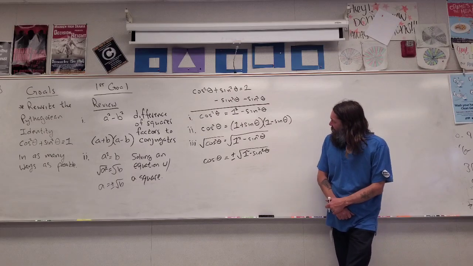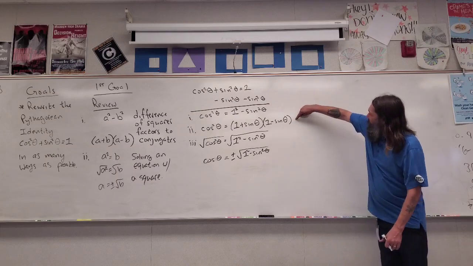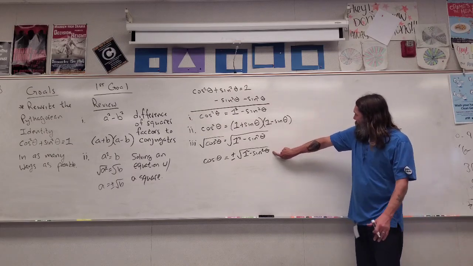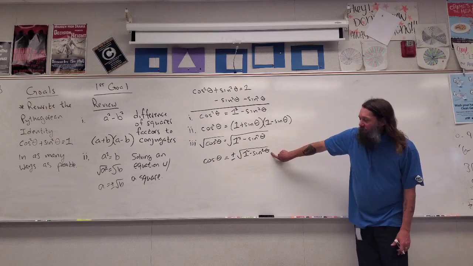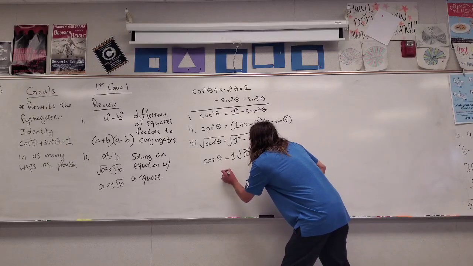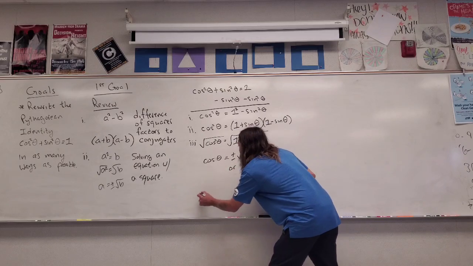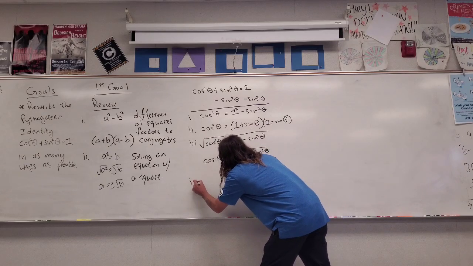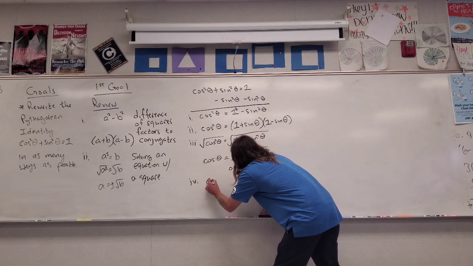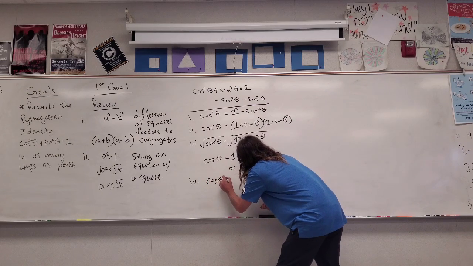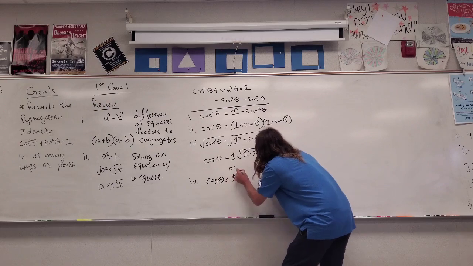And the fourth way I can rewrite it is I can come from this. What I can do is rewrite this as a conjugate, and this will be the fourth way. I could say cosine of theta is equal to plus or minus the square root.